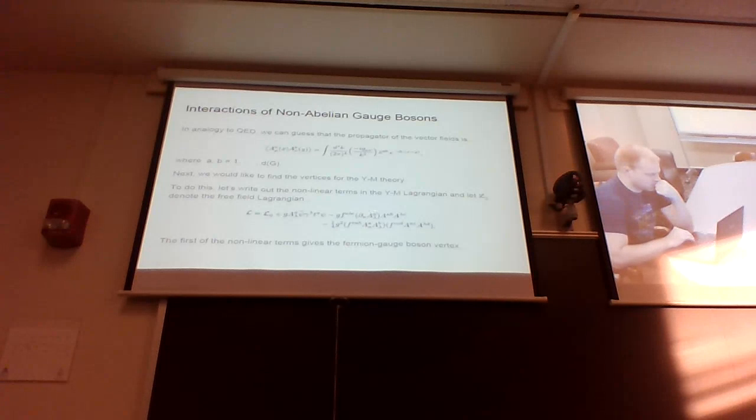Anytime you see a derivative in an interaction term in a Lagrangian, you should know that when you write down the Feynman rule, this vertex is going to have a factor of 4-momentum in it. We'll see that explicitly in a minute. And then this one gives me a quartic interaction between the vector gauge bosons.